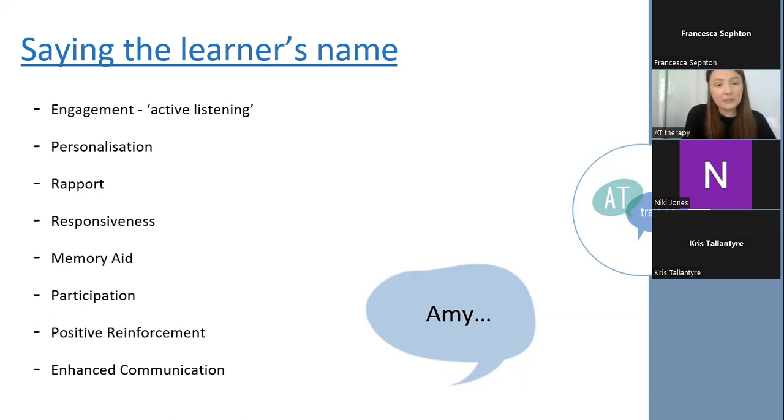Rapport helps build positive teacher-student relationship through familiarity. Responsiveness, it promotes attentiveness and is helpful for instructions and responses. It enhances memory and recall, associating information with names. It encourages active involvement by acknowledging contributions, as well as boosting motivation and self-esteem when used positively. And it improves overall communication quality, fostering inclusivity and connection.